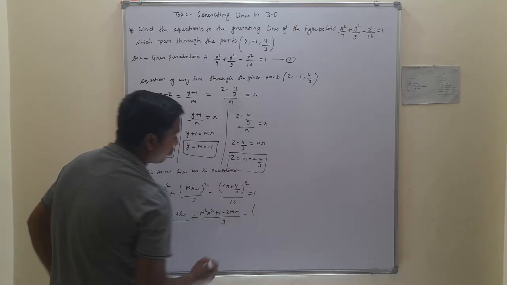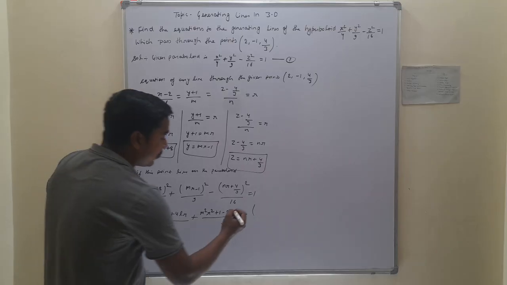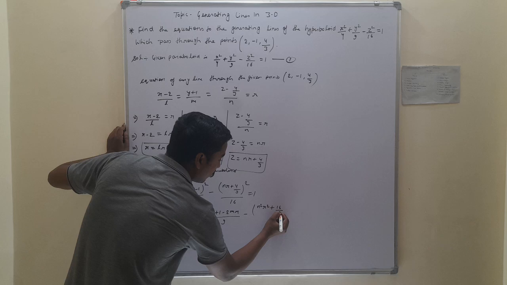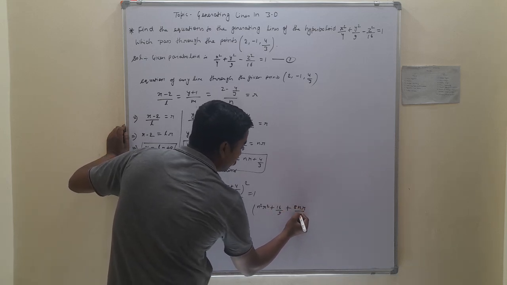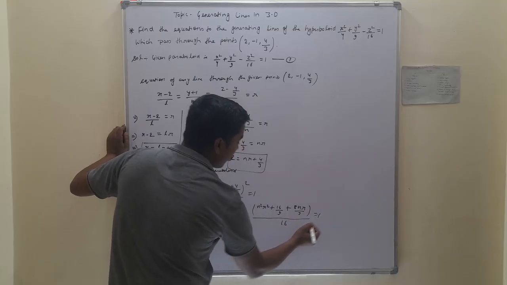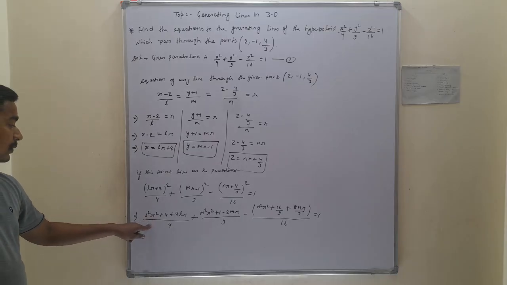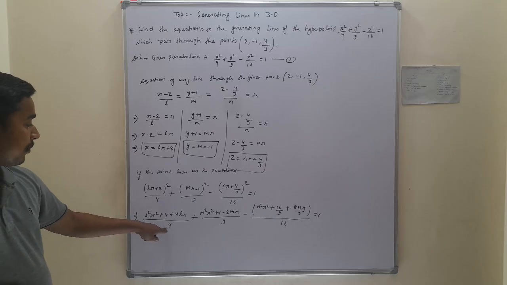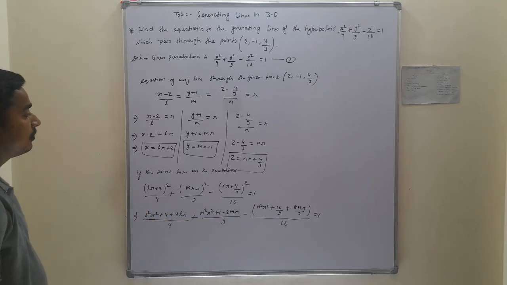Similarly, opening (nr plus 4 by 3) whole square, we get n square r square plus 16 upon 9 plus 8nr upon 3, and whole upon 16 is equal to 1. Further we can write l square r square by 4 by 4, taking each term of the numerator upon 4, and similarly for the other portions, and further we have to solve.